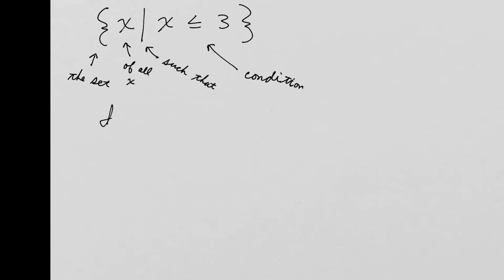So, interval notation. I would write, so I'm doing exactly the same thing, the same example, x is less than or equal to 3. So that means x is going to start way down at negative infinity, right?